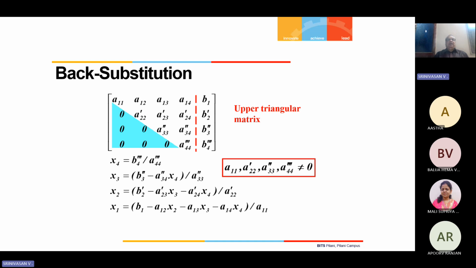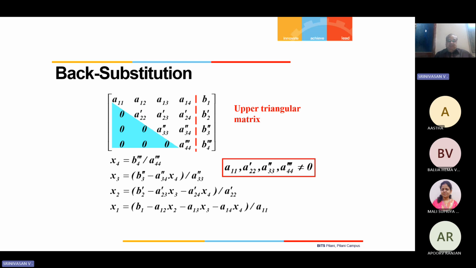So what's happening now? We are able to reduce the given augmented matrix into its echelon form, upper triangular form, preferably of the form A11, A12, A13, A14, B1. The first row, after having undergone some changes, if any, will have all the entries without making them zeros.